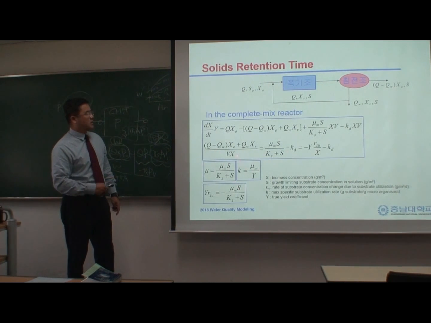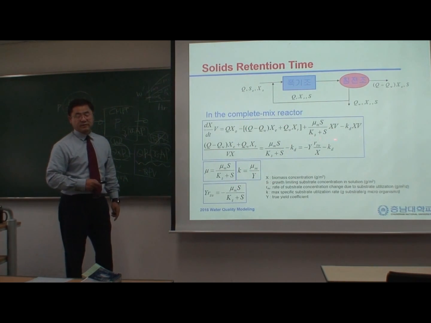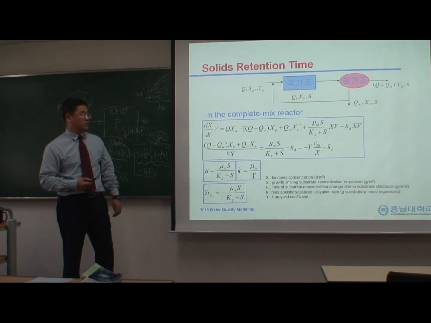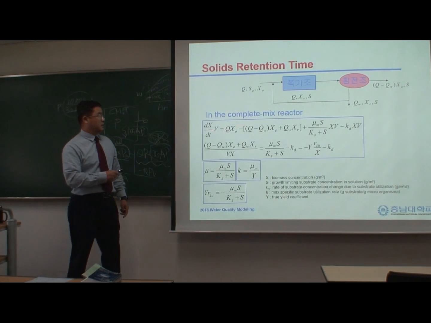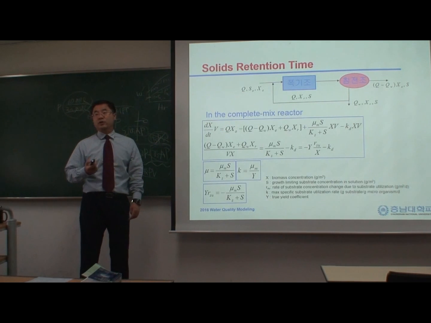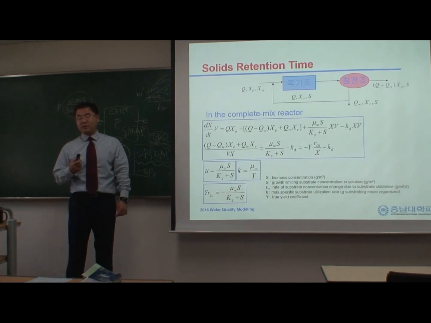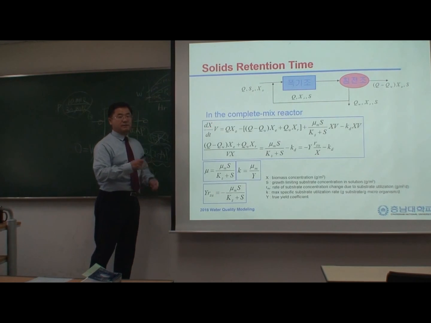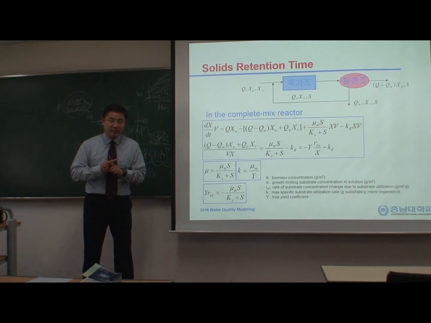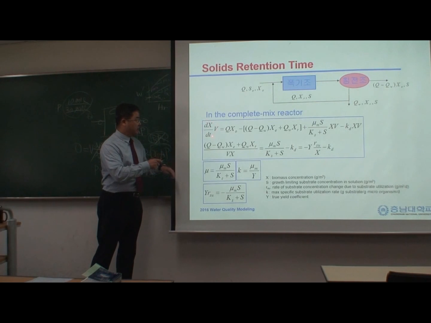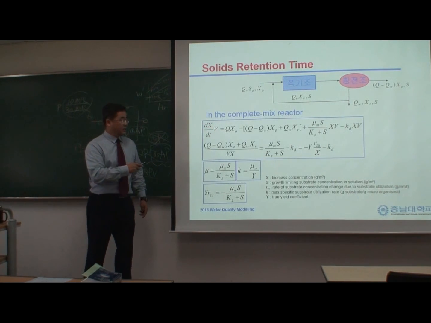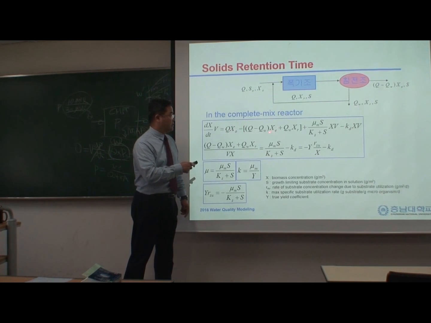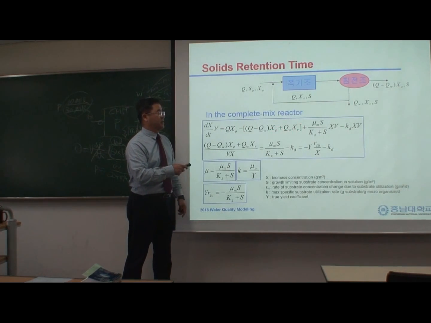I'm not going to talk about this too much in detail because those are in your other textbook. I just give you an idea of how you can use our mass balance equation in your other class. This is X, the biomass, in your activated sludge system. So we have the same V, dC/dt, right? Then something coming in, something going out, and something going out as return sludge.